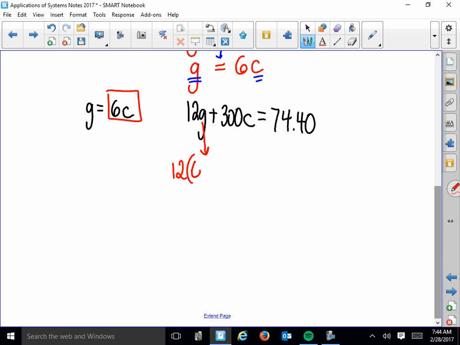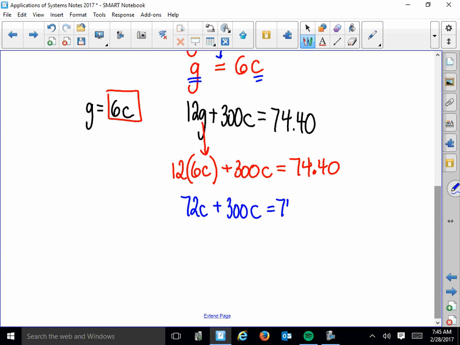So 12 times 6C plus 300C equals 74.40. Now my equation is in terms of C, and I can multiply everything out. I know that 12 times 6 is 72, so 72C plus 300C equals $74.40.